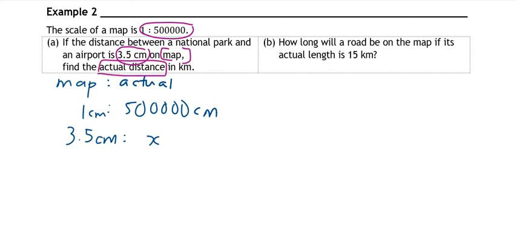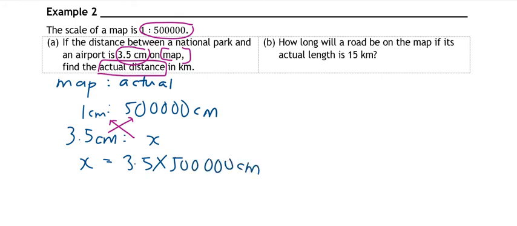Now the next technique is what we call cross multiplication, whereas you will move x to the left hand side and multiply it by 1, so you get x. And for the right hand side, this 3.5 centimeter will be multiplied with 500,000. So 3.5 times 500,000 centimeter.